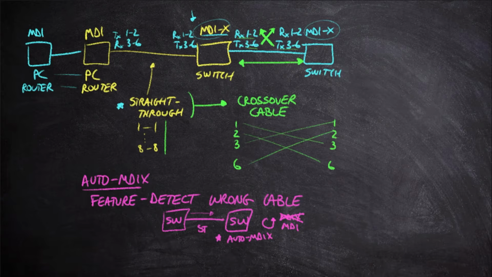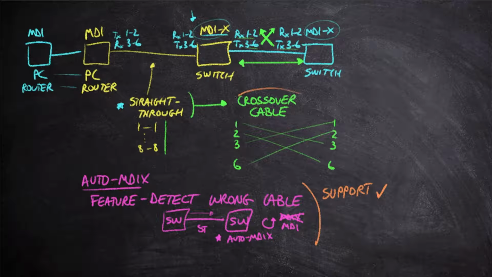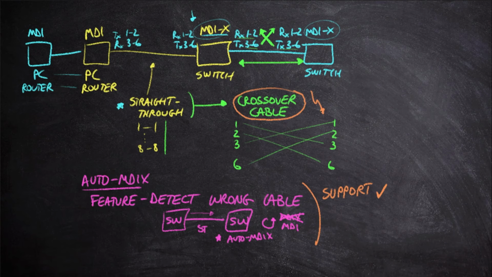Now, the good news is that in our modern era, there's massive widespread support for this feature. We see this on most modern switches, most modern PCs, modern routers, and as a result, the need to carry crossover cables with us has actually gone down over time. It used to be that I had to use a crossover cable to connect two switches like this.